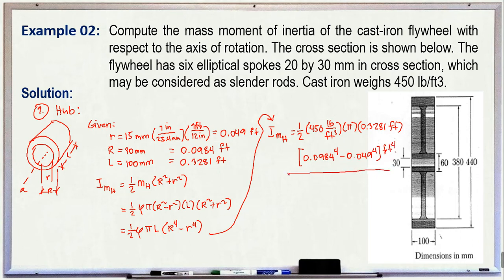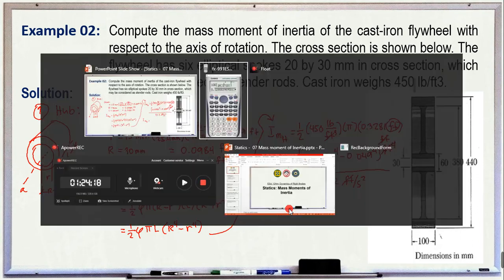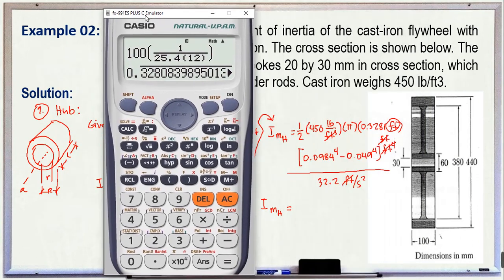Huwag kalimutan, divide lahat by the g, 32.2 feet per second square. So cubic feet, fourth, so what's left is isa na lang, meron pa sa ibaba. So what's left is isa lang na foot, isang pound, at yung second square, pupunta siya sa numerator.